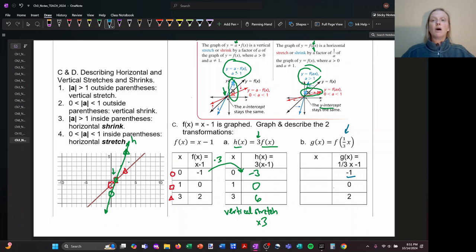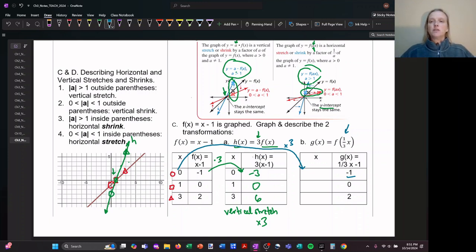I need to divide by a third, which is the same as multiplying by 3. So I need to take that input and I need to multiply it by 3 to get the input back to that original 0 value that gives me the -1.